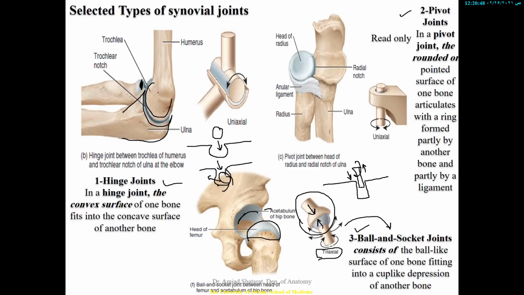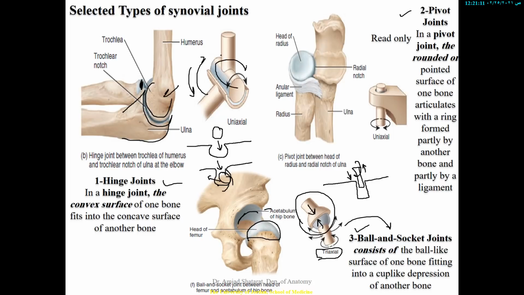Now I would ask you again to imagine how many movements the elbow joint can make. It's either flexion this way, or extension this way. Why can't we rotate like this?